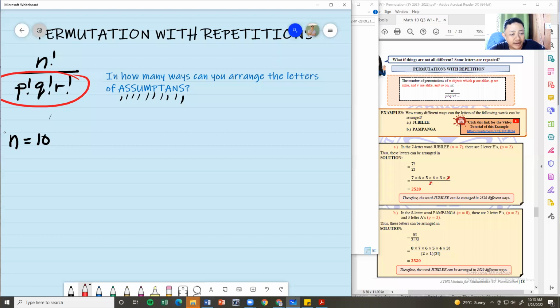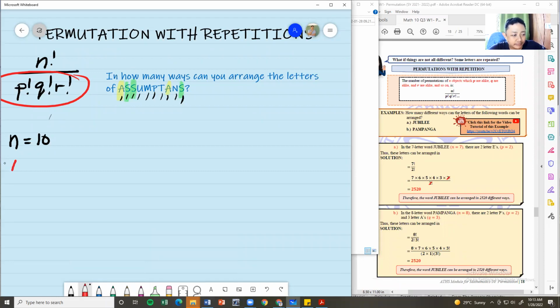So let's identify the letters with repeating values. Those are A, 1, 2, and S, 1, 2, 3. Are there any other repeating letters? U, M, P, T, N, none. That's all. So we can change P, Q, and R to these repeating letters.